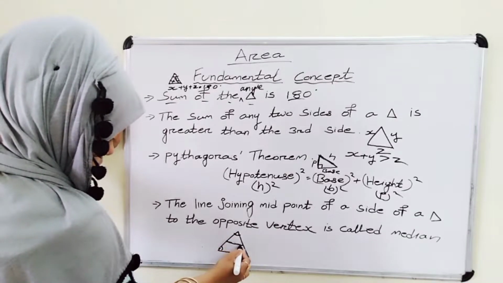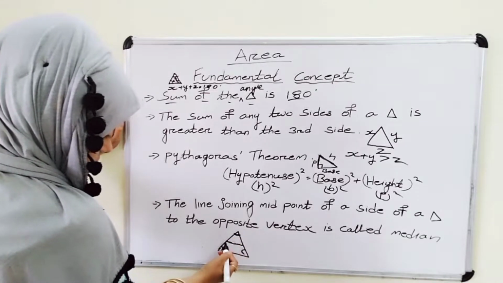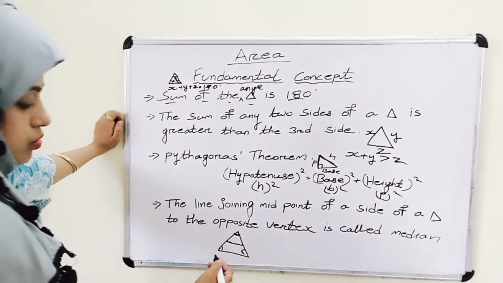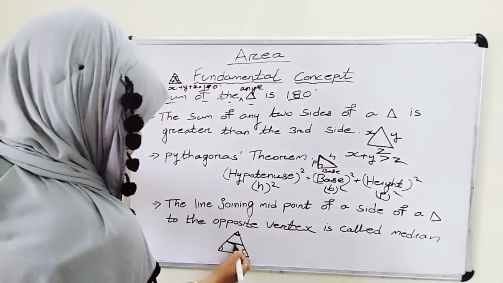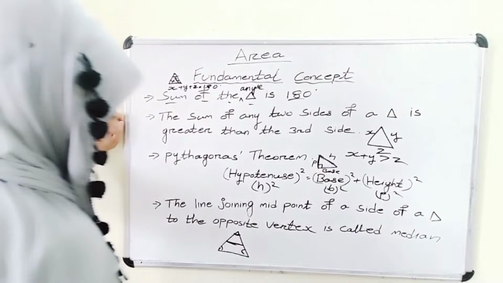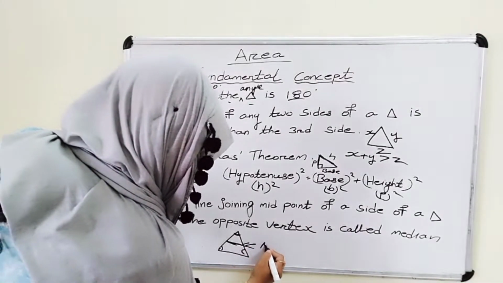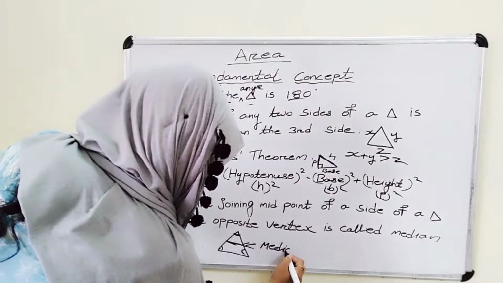This line is opposite to this vertex and joins the midpoint of the side. So this line is called the median of a triangle.